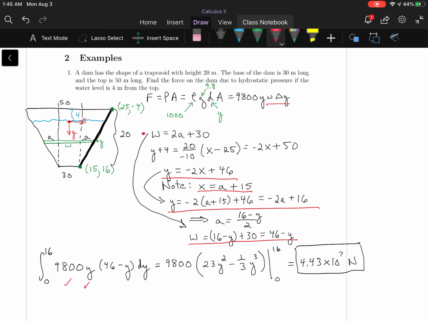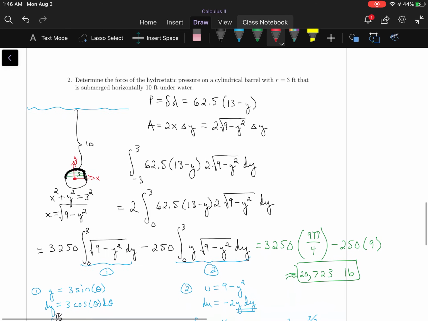So we have 9,800, y, w is 46 minus y, and because we're integrating now, that delta y becomes dy. And so now, when you integrate this and evaluate from a depth of 0 at the top of the water to 16 meters all the way on the bottom, remember that downwards is the positive direction again, you get 4.43 times 10 to the 7th, and this is in newtons because it's a force. So that's our answer for this first problem.